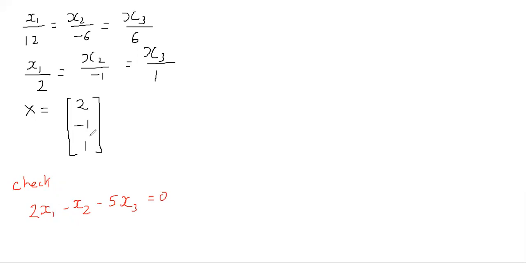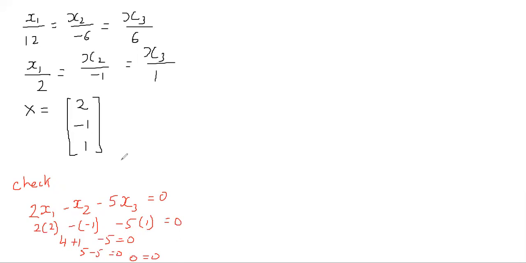We know x1 is 2, x2 is minus 1, and x3 is 1. So 2 2s are 4, plus 1, that is 5, minus 5, that is equal to 0. So 5 minus 5 is equal to 0. Ultimately 0 is equal to 0, LHS is equal to RHS.